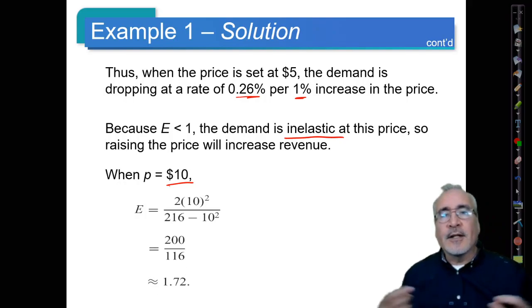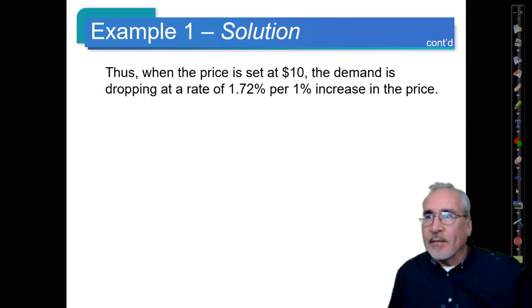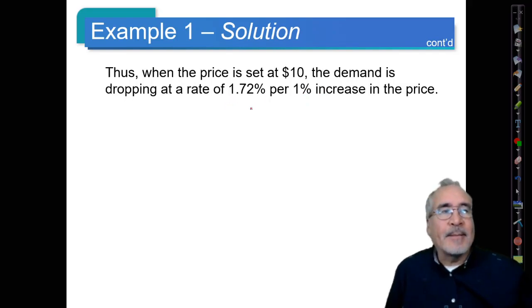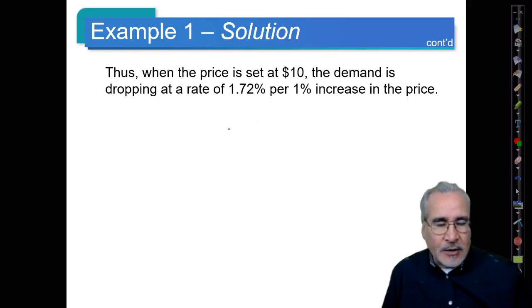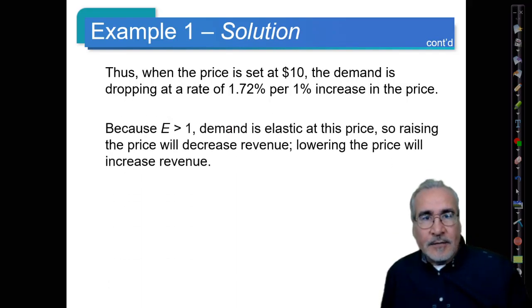So here the demand is elastic. $10 is actually too much. If we increase the price by 1%, the demand's going to drop by more than that, 1.72%. So there must be some place in between $5 and $10 that will work.